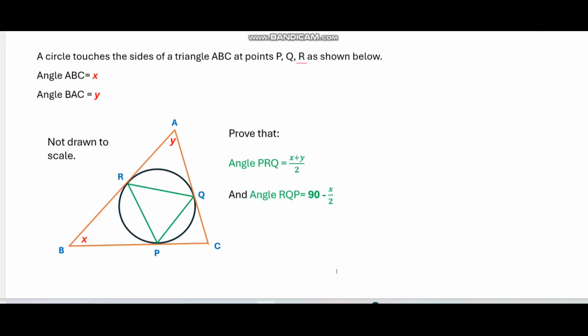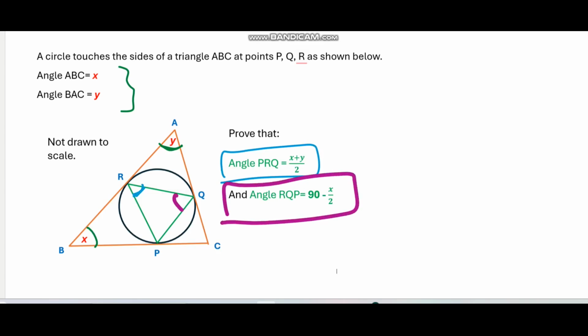They've called this angle X, this angle Y. The first part is to show that angle PRQ, which is this angle, is (x plus y) over 2. And then the second part is to show that this angle here, RQP, is 90 minus x over 2.